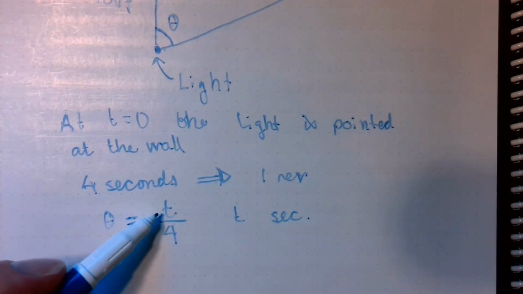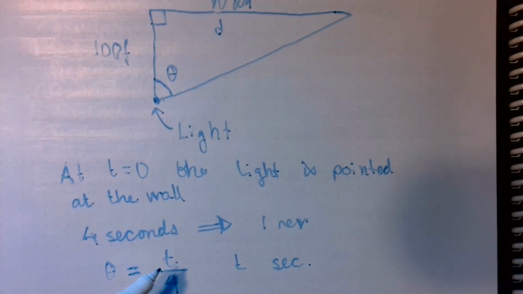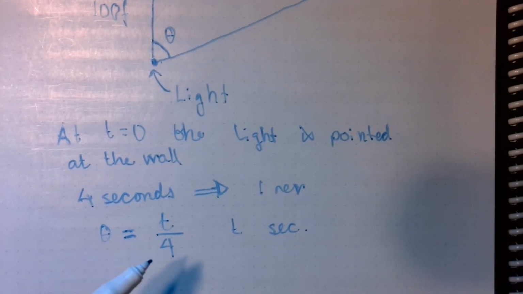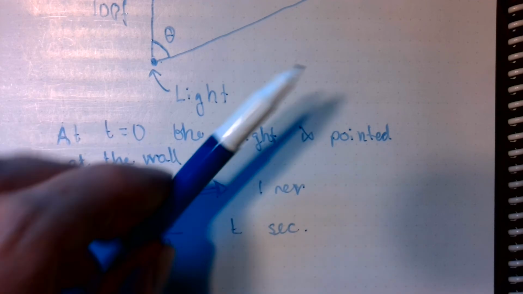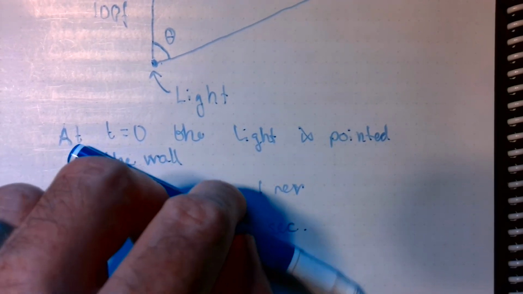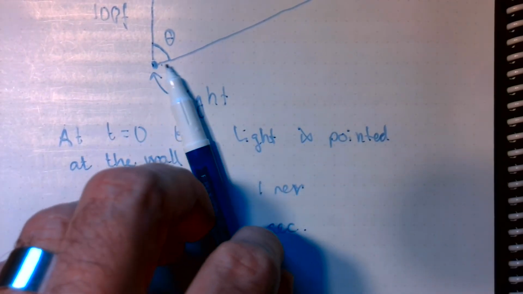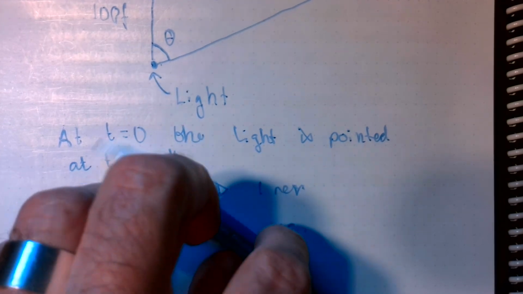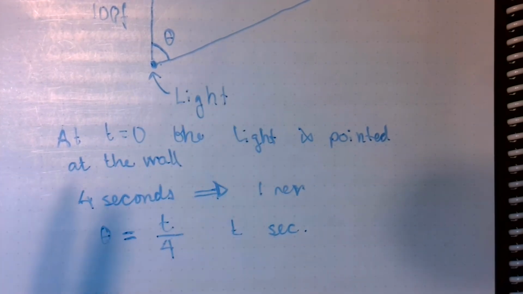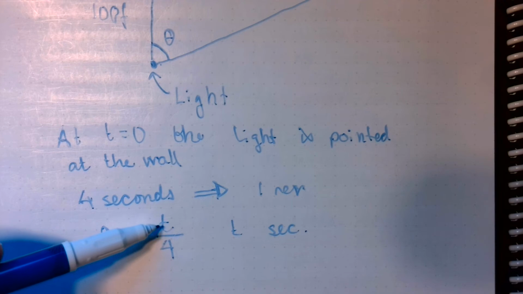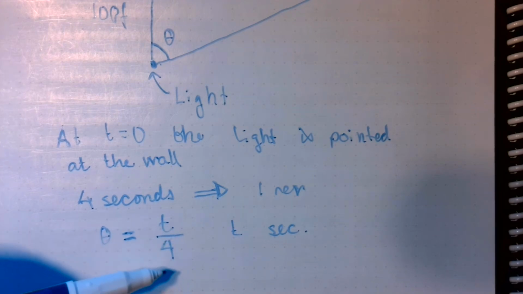Let's pretend we wait 8 seconds. If we wait 8 seconds, then the lighthouse would spin 2 complete revolutions in 8 seconds. And if I put in t equals 8 here, I get 8 over 4.